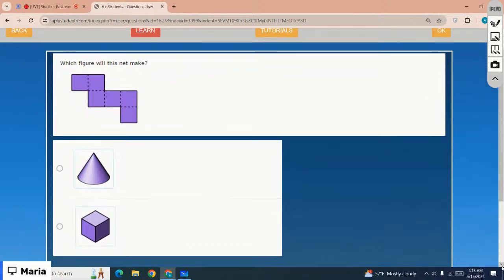Which figure will this net make? Which is the correct option? Yes, that is option number 2, the correct option.